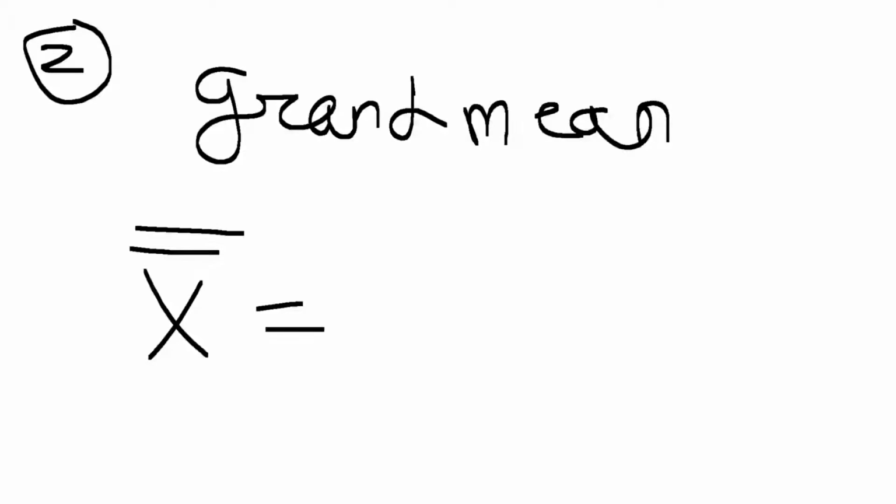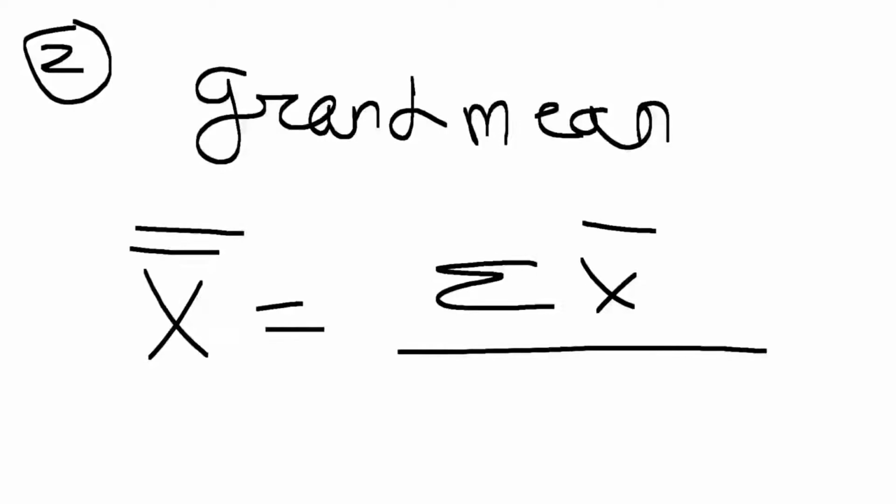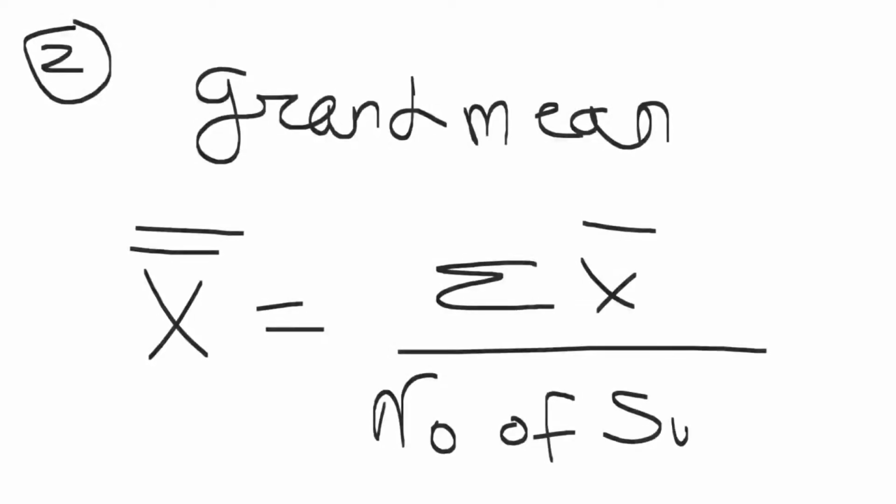It is the summation of the means divided by the number of subgroups. So first we calculated the mean, then we calculated the grand mean. This is the second step in drawing the X chart.